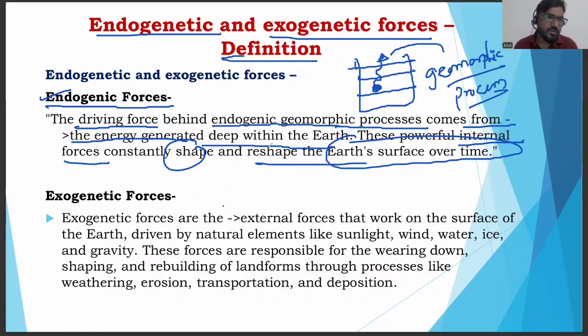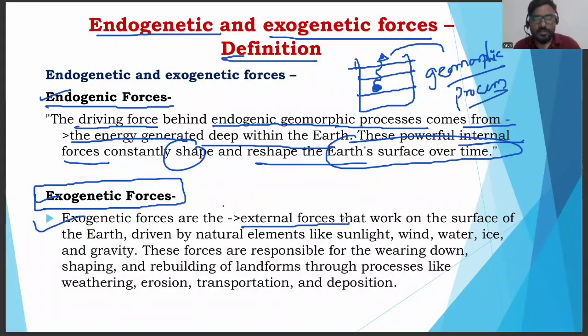The next category of forces are the exogenetic forces. The definition of exogenetic forces: they are the external forces that work on the surface of the earth. These forces could be in the form of sunlight, water, wind, ice, or gravity.